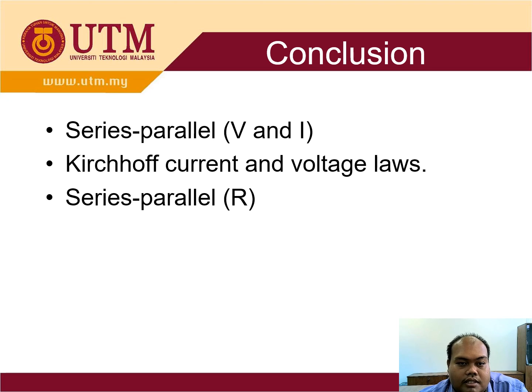For current at a node, the summation of all currents is equal to 0, and for voltage you have to look at the mesh or loop, where the summation of the voltages in the loop is equal to 0. And lastly, the series and parallel, how to find the simplified resistance value from a series and parallel circuit. Okay, thank you.